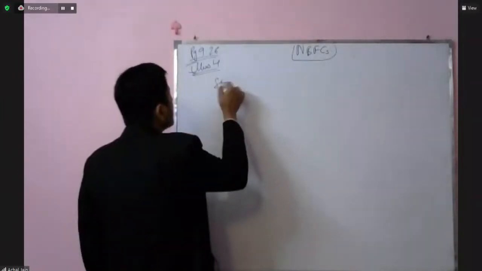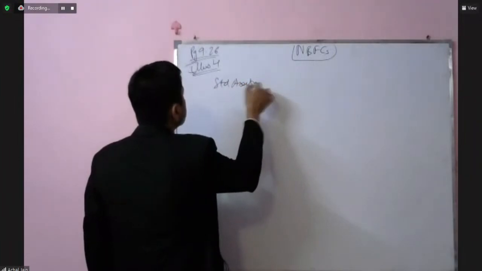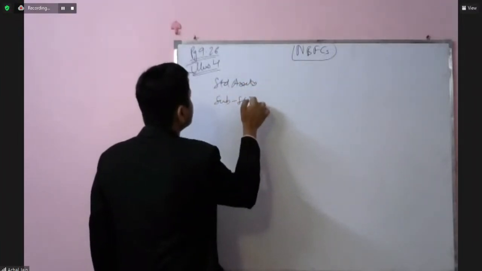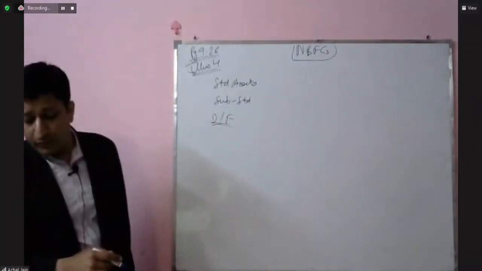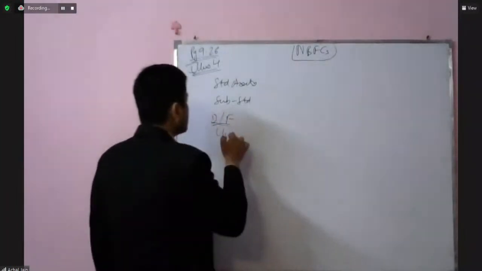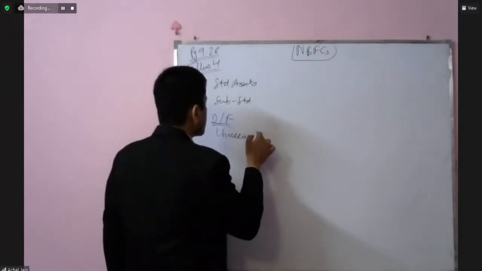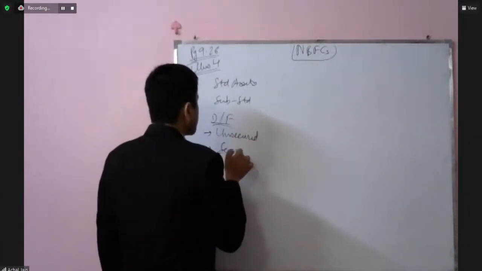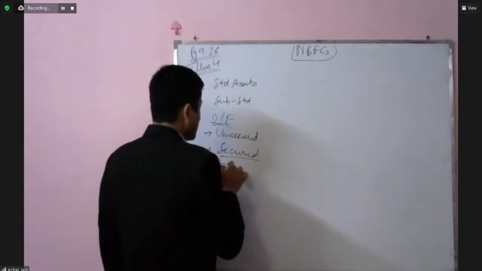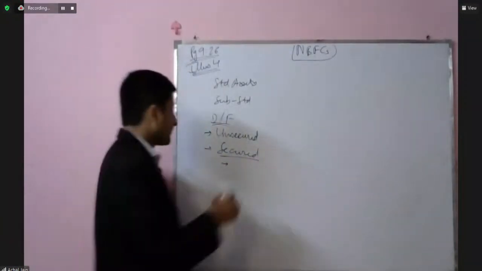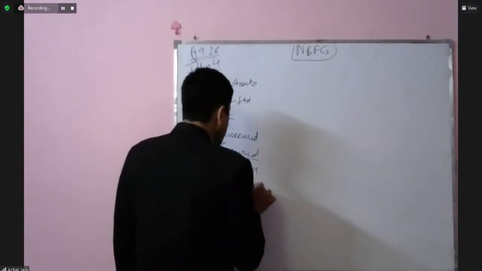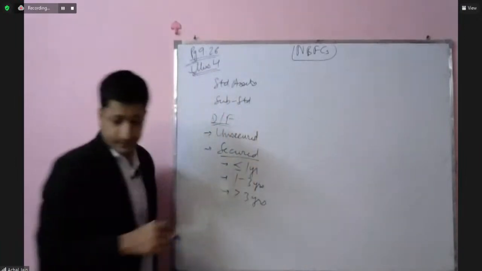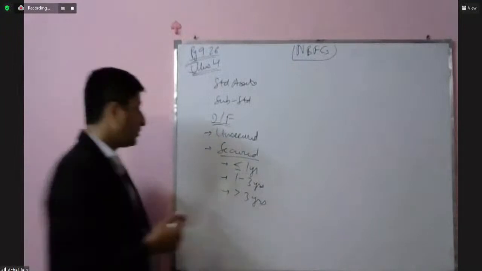So first of all, we have standard assets. Then we have substandard. Then we have doubtful. On doubtful, we have secured and unsecured. So unsecured, then we have secured. On secured, we have 3 categories: up to 1 year, 1 to 3 years, more than 3 years. And then we have loss assets.